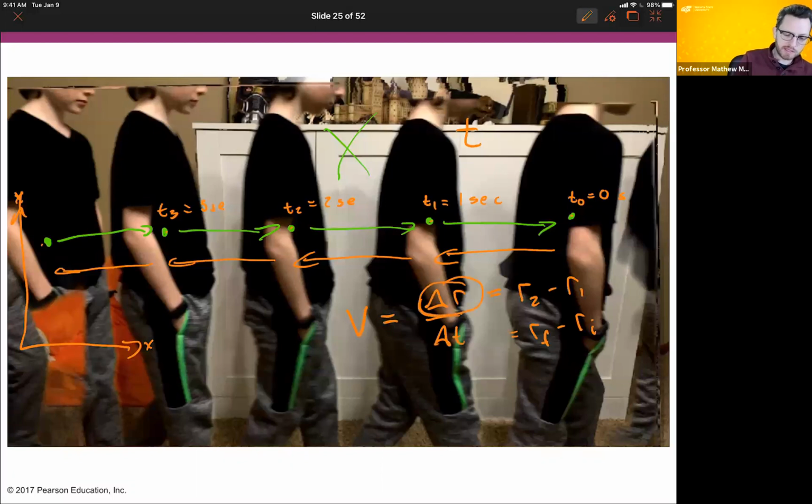So implicit in this delta R is that you know the sequence, you know when the object was where it was first and where it was second. Okay. So to really have a complete understanding of these diagrams, you need the particle, you need the coordinate system, and you need to know the sequence, the times when the object was at each position.